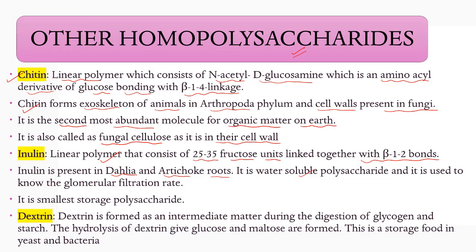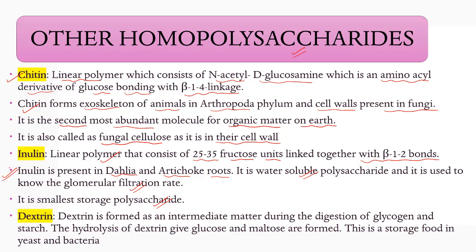Very important: it is a water soluble polysaccharide and it is used to estimate the GFR, glomerular filtration rate. It is the smallest storage polysaccharide. So inulin is used in the estimation of GFR.